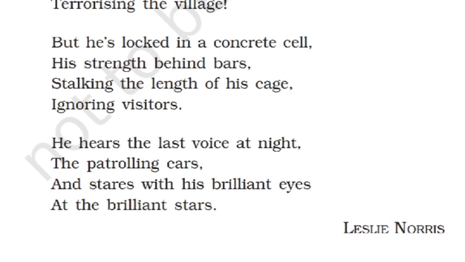That's why the poet says that with brilliant eyes he is continuously staring at the stars, and his eyes are also brilliant, which implies the hope for freedom someday. Why are brilliant eyes referred to by the poet? Because the tiger is keeping his faith alive that one day I would be free, one day I would be out of these bars. So he keeps these sorts of hopes. I hope these lines are understood.